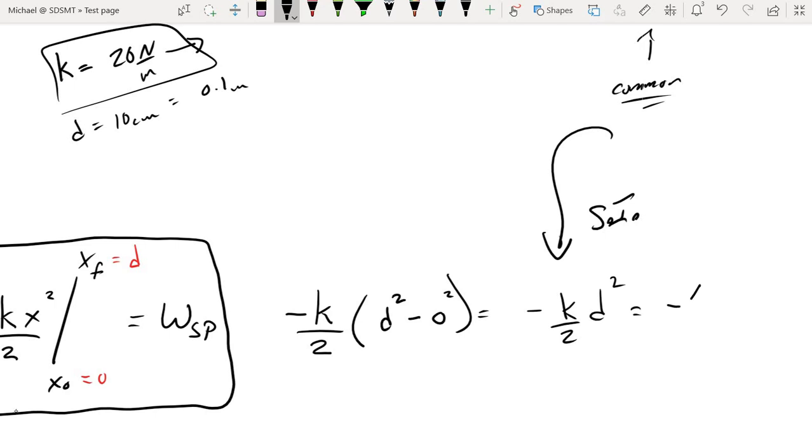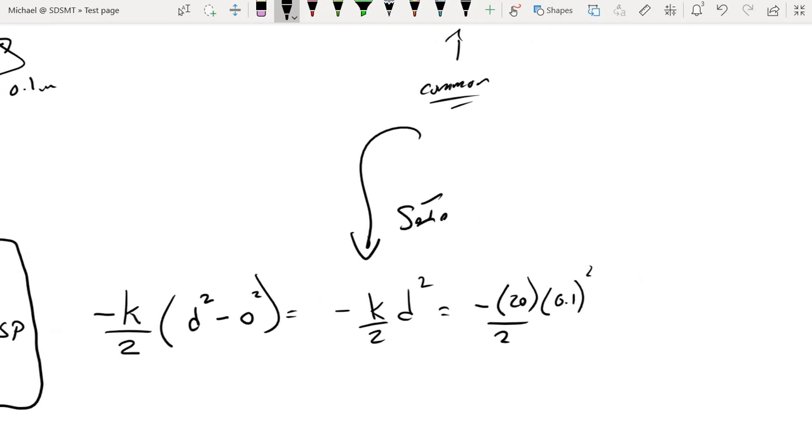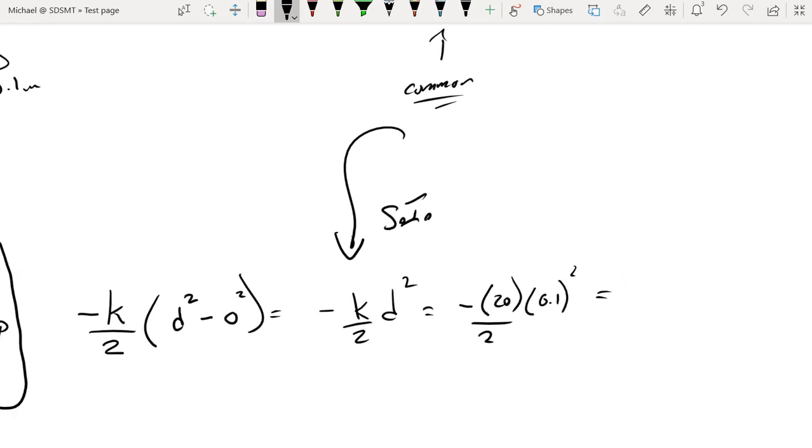So we have negative k over 2. Our displacement was 0.1 squared. We'll go ahead and plug all that into our calculator. Oops. And I am getting negative 0.1 units.